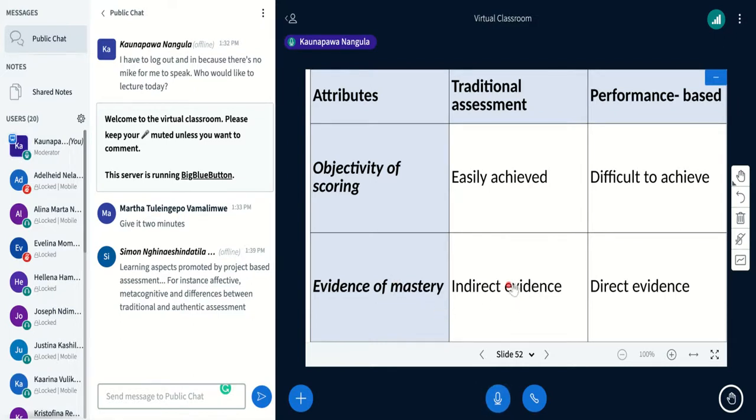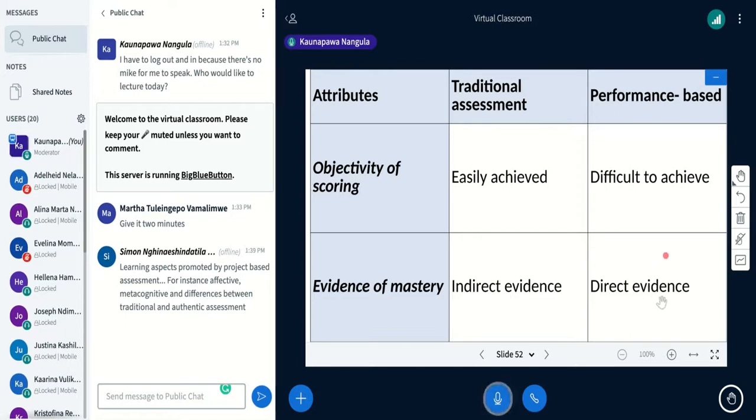And then evidence of mastery is indirect. We spoke about this yesterday. It is indirect in that learners do not really show that they understand by performing a task, but you just assume that the answers they give in the pen and paper test show some sort of mastery.